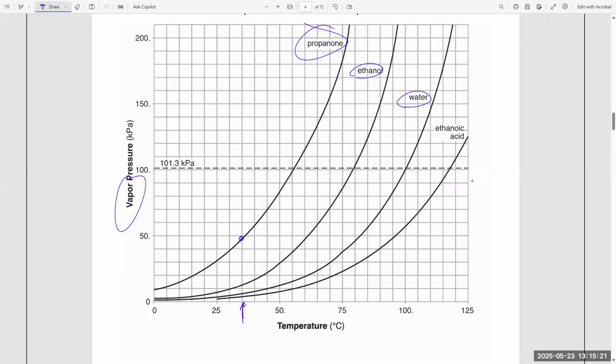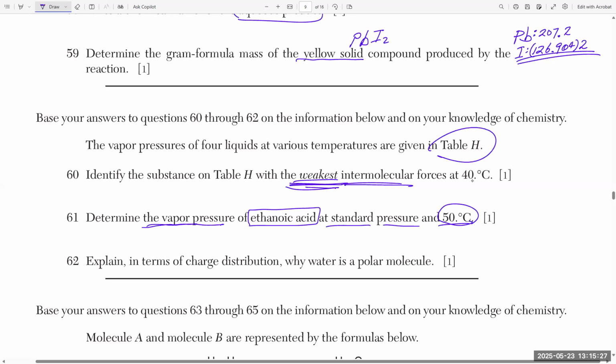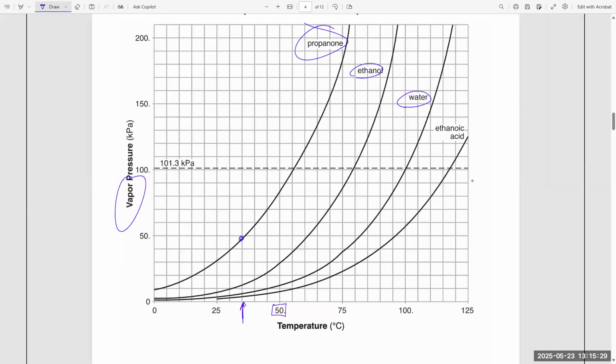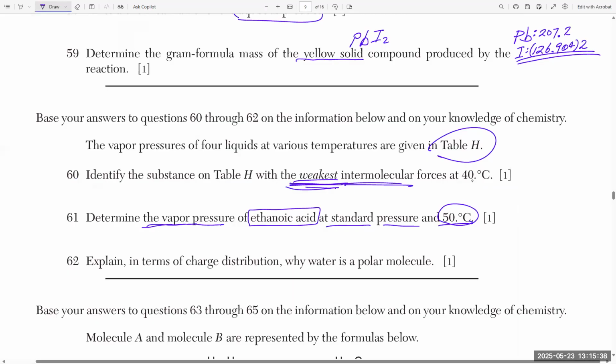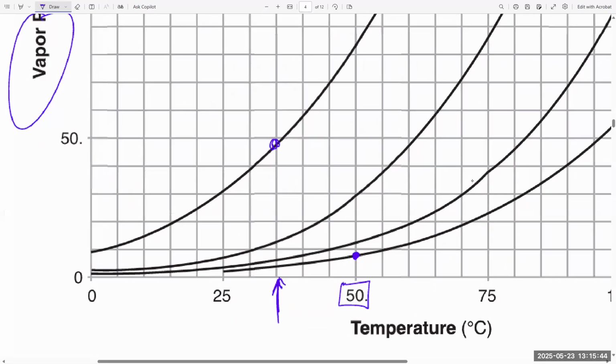Let's go find ourselves 50 degrees. We are right here. And on top of that, we're looking at ethanoic acid. Ethanoic acid is this guy, which means we're looking right here. That's 50 degrees at ethanoic acid. They want the vapor pressure. So vapor pressure is over here. So what they're asking is, can we read this?